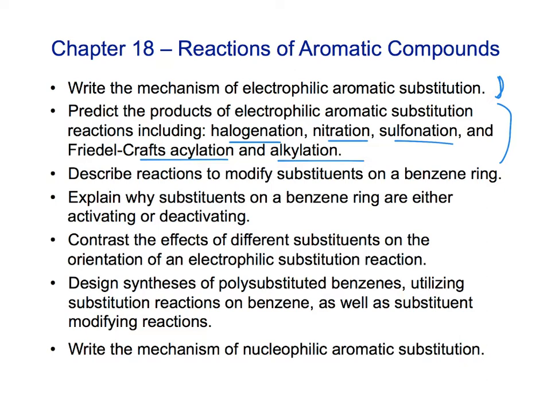We're going to look at how we can modify those substituents once we put them on. Then we're going to come back and look at what would happen if we put a second group on, or a third group. It turns out that when we have a substituent on the ring, that's going to influence how the second reaction takes place.